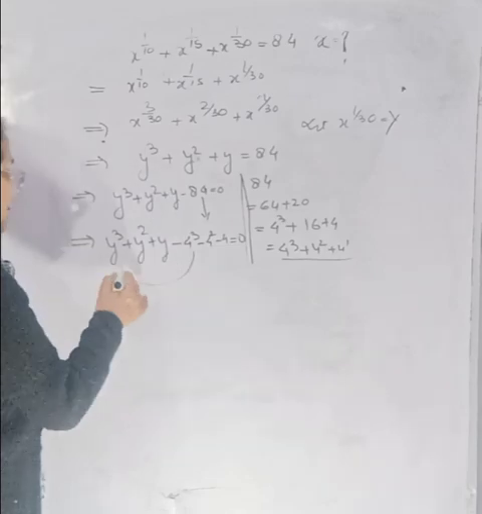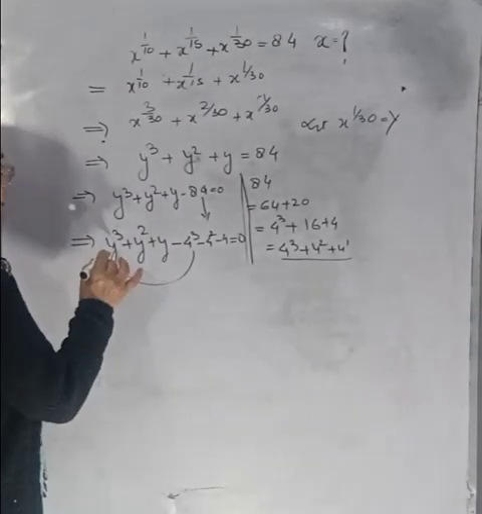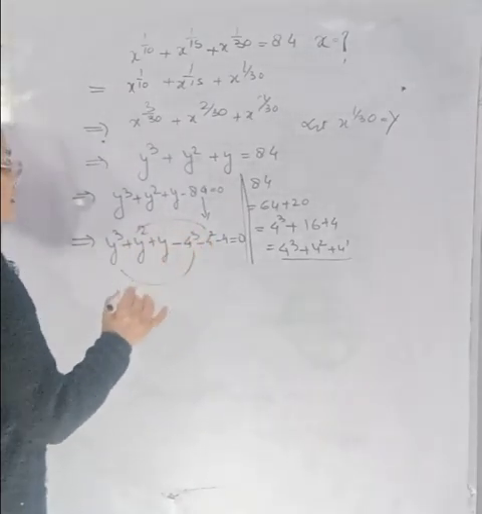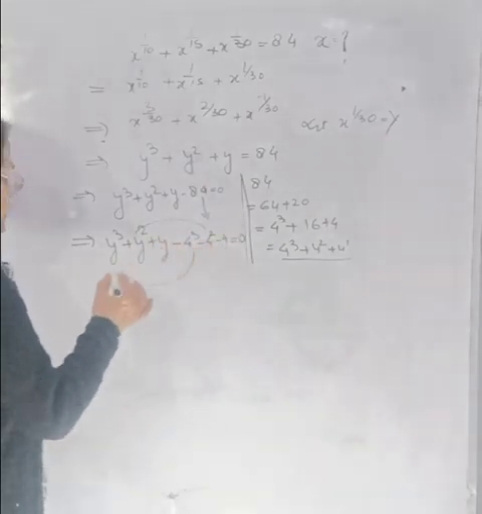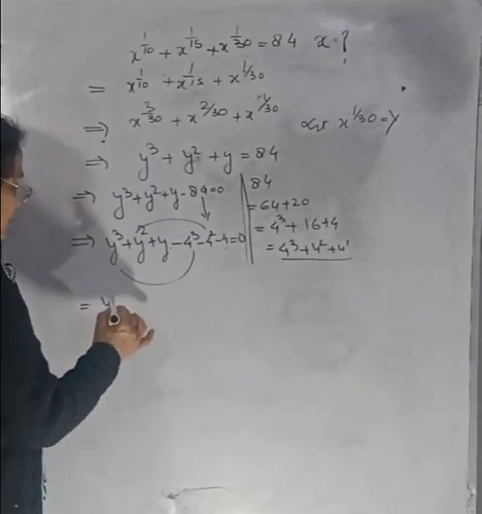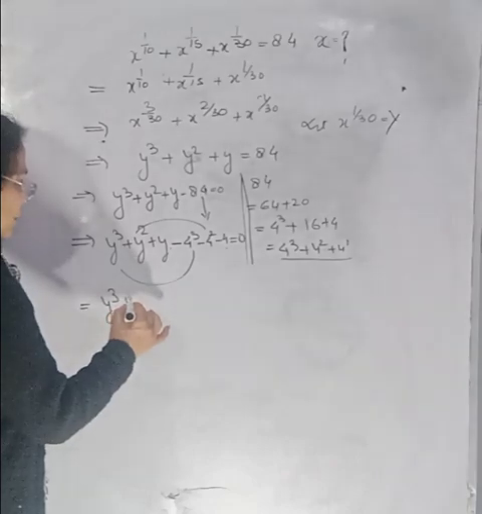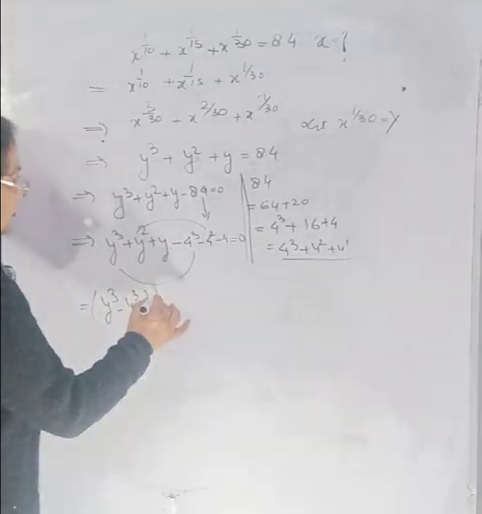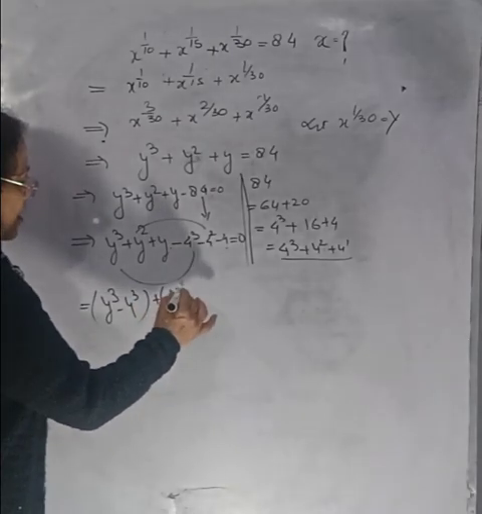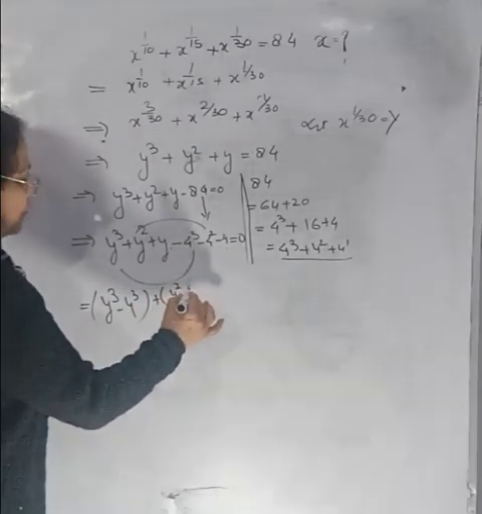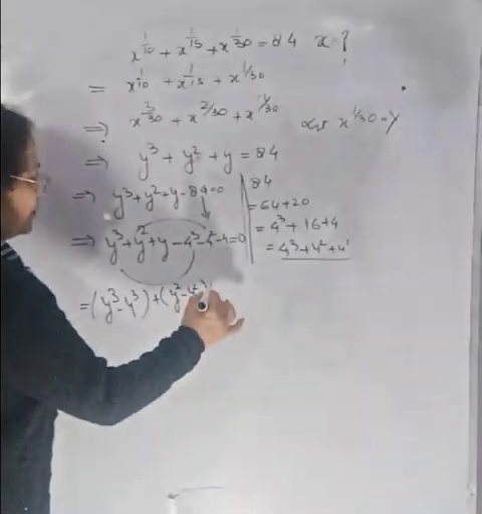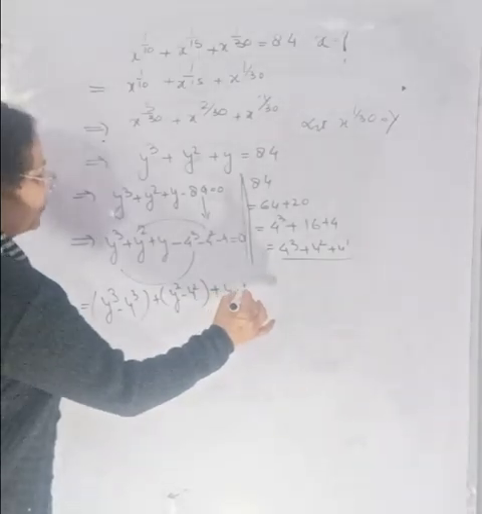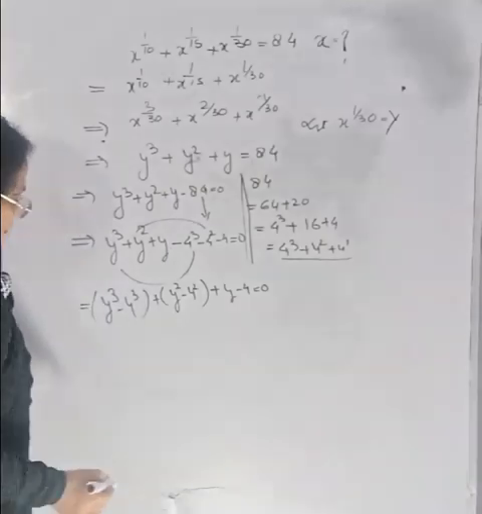Now we group the terms: this is cube, this is square, this is single. So we can write y cube minus 4 cube plus y square minus 4 square plus y minus 4 is equal to 0.